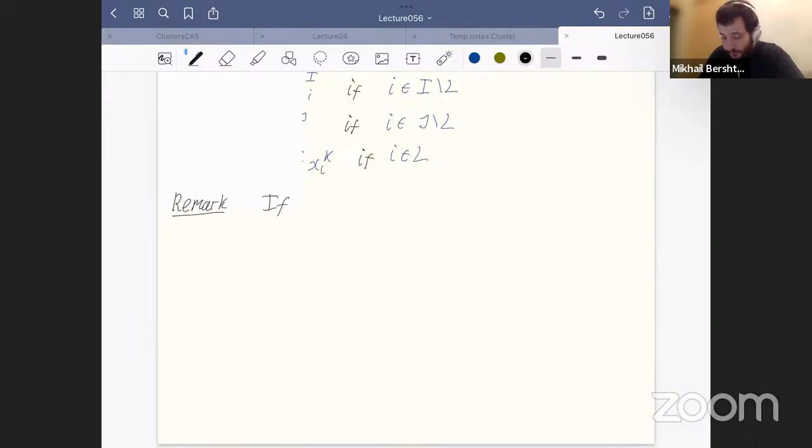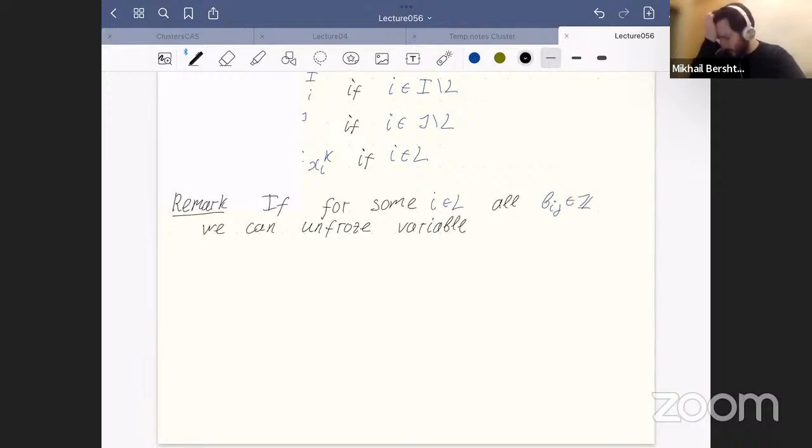If for some i from L all B_ij become integer, then we can unfreeze the variable x_i.